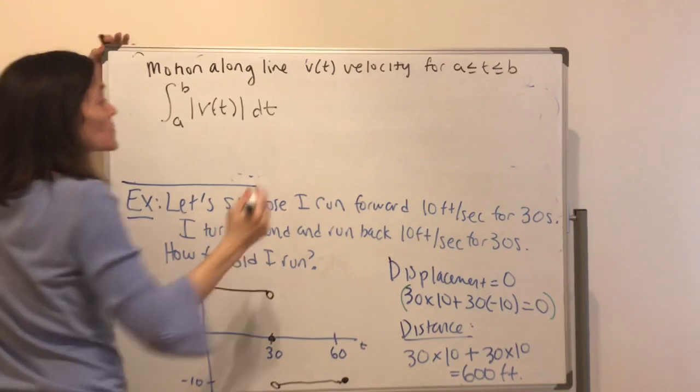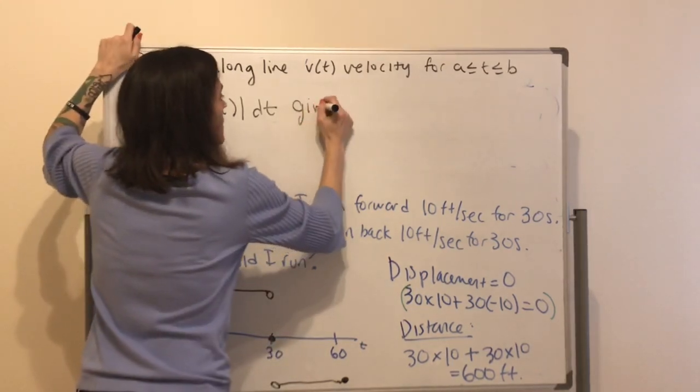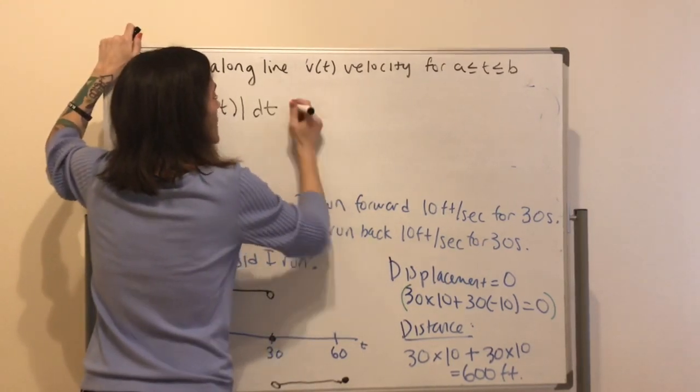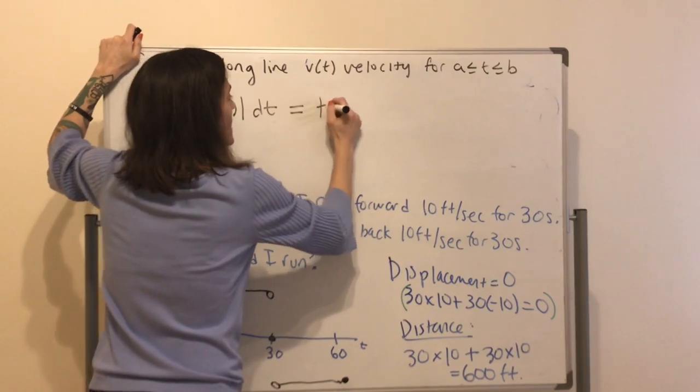The absolute value gives the distance traveled.